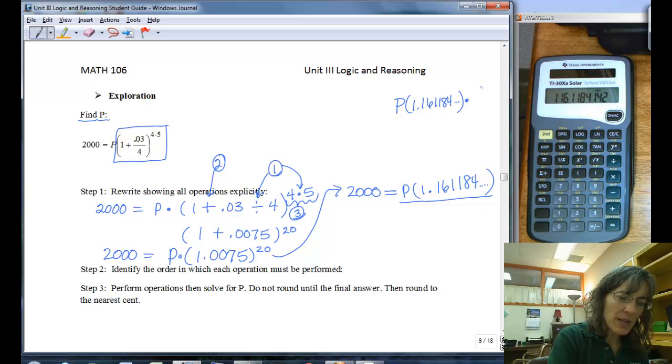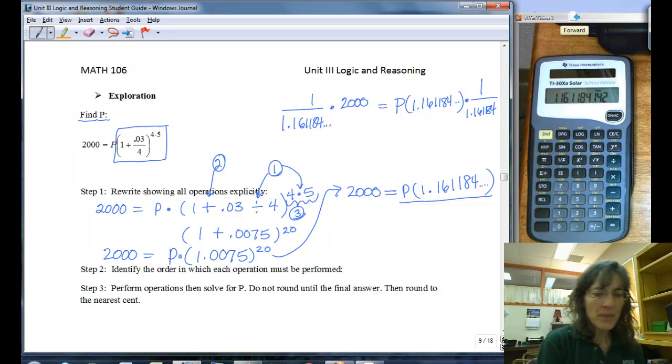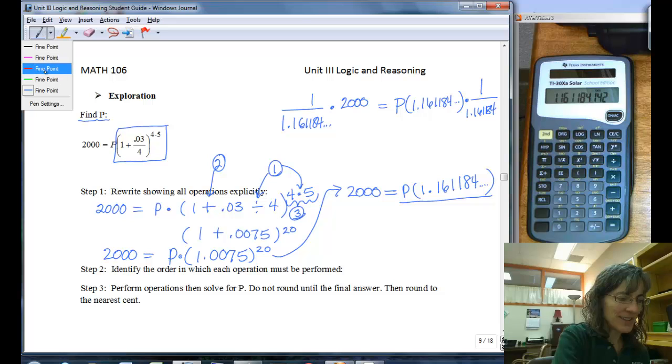If I were to multiply this by 1 over 1.161184 on both sides, so if I multiply both sides by 1 over that number, on the right hand side, watch this.